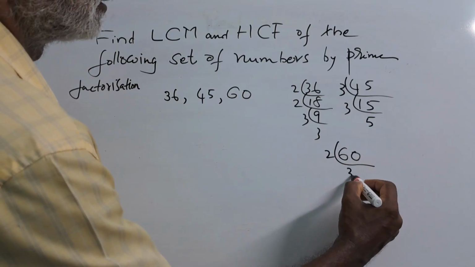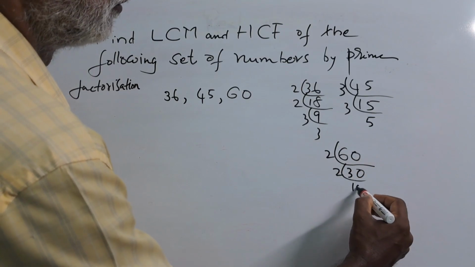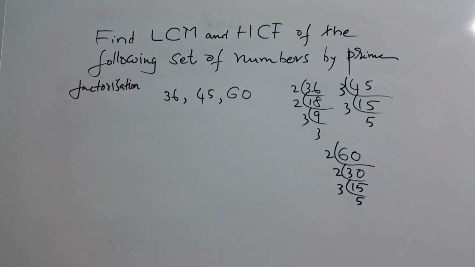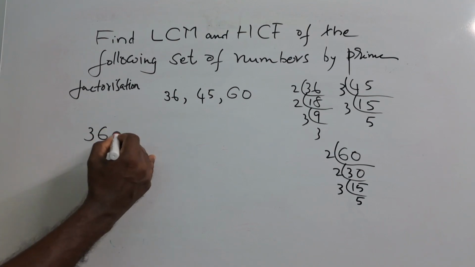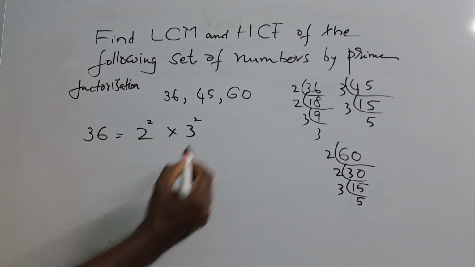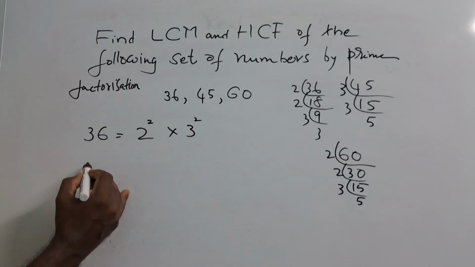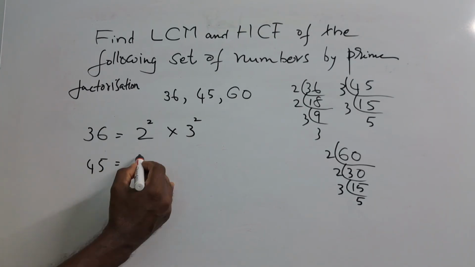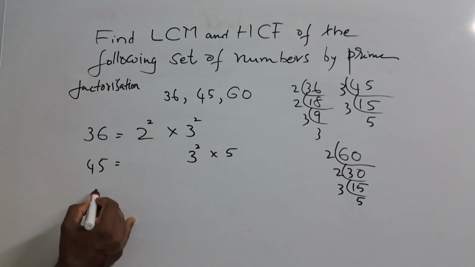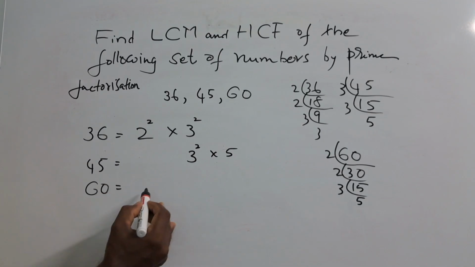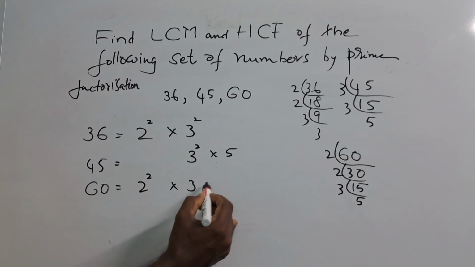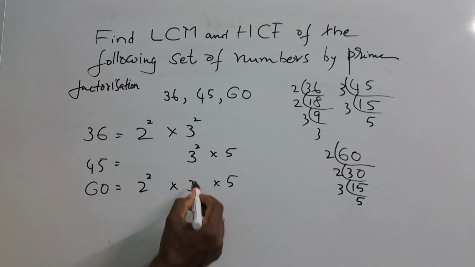By 2 you get 30, again by 2 you get 15, 15 divided by 3 you get 5. Now 36 is equal to 2 raised to 2 into 3 raised to 2. 45 is equal to 3 square into 5. 60 is equal to 2 square into 3 into 5.